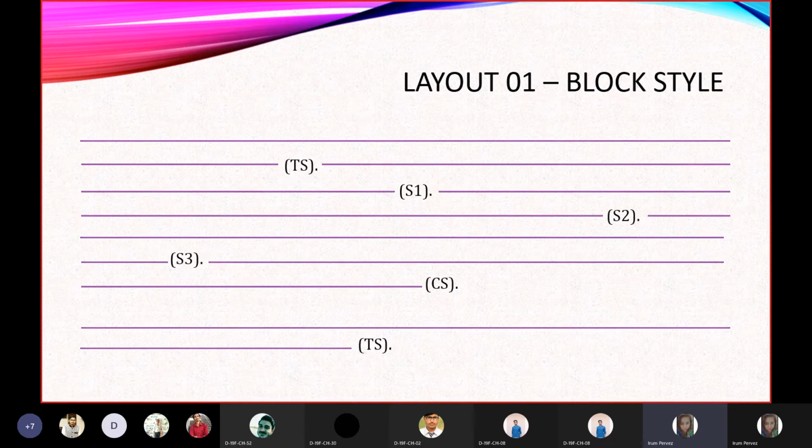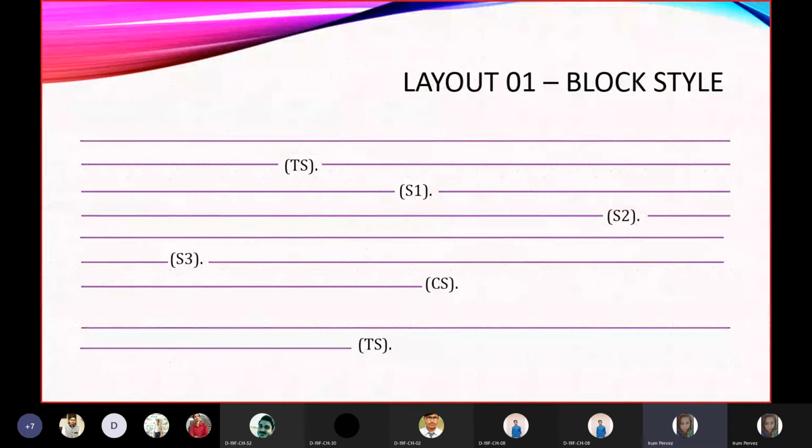We need not leave any space and we need to start everything from the most left. So these lines we are supposing are the sentences, and this is how we write a block style paragraph: topic sentence, supporting sentences one, two, three, then concluding sentence, and leaving one line.